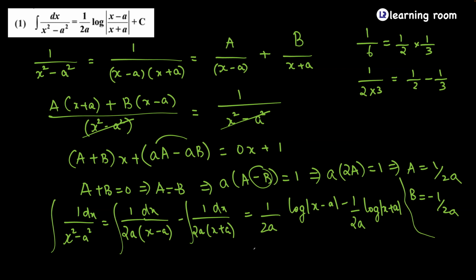Right? So what is common? 1 by 2a into log of x minus a divided by x plus a plus c, and this is what the expression is. Make sense? Right? So make a note of it.